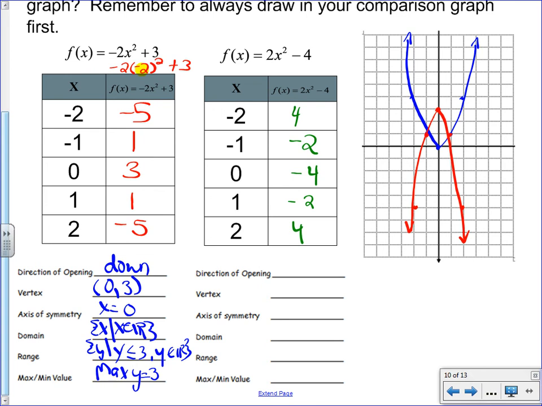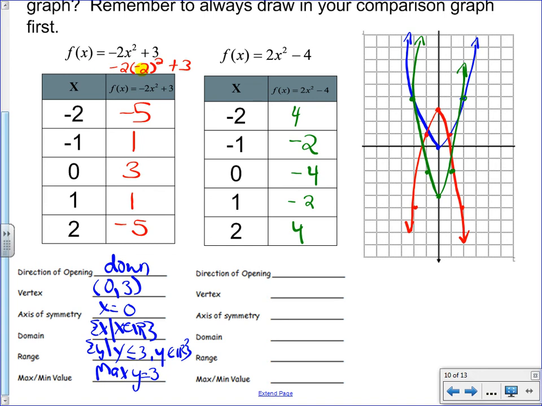So when I graph this, okay, direction of opening.